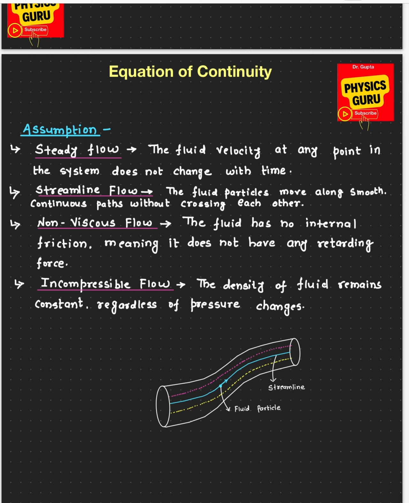If they cross each other, then the fluid will not be smooth, rather it will be a turbulent flow. For the equation of continuity and for Bernoulli's principle, we do not want turbulent flow, because these are based on the conservation of energy. Energy will no longer be conserved. So for this assumption too, we need the streamline flow.